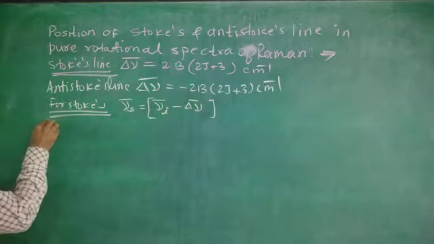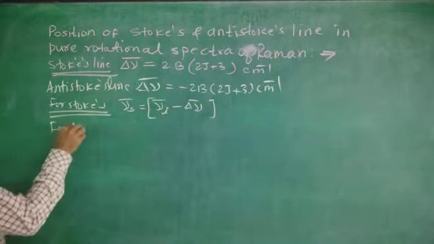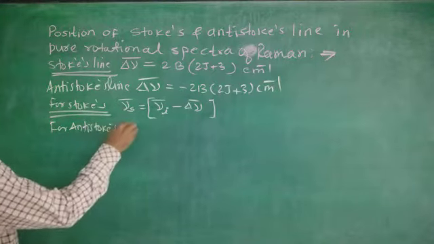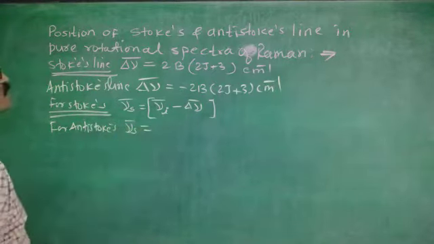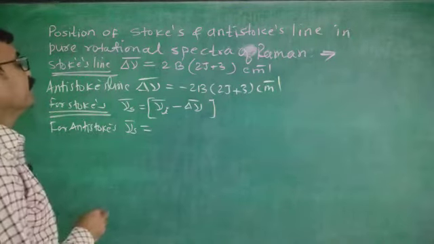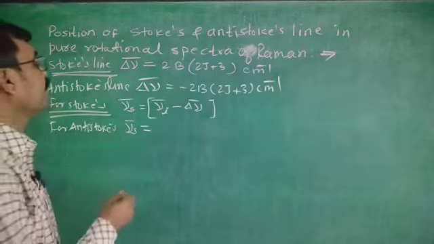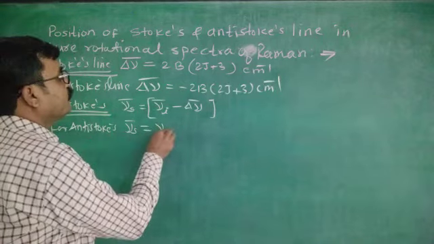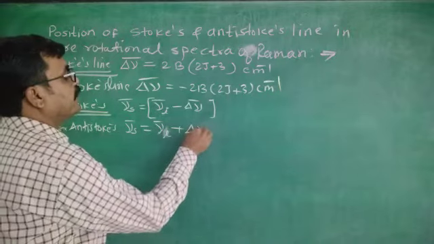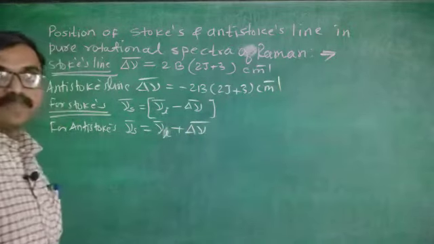And for anti-Stokes lines, it will be different from this, and it will be nu s bar equals nu I bar plus delta nu bar.